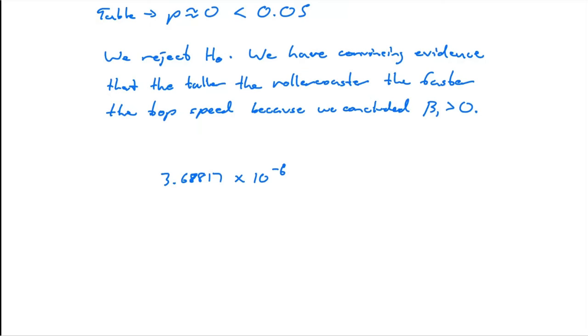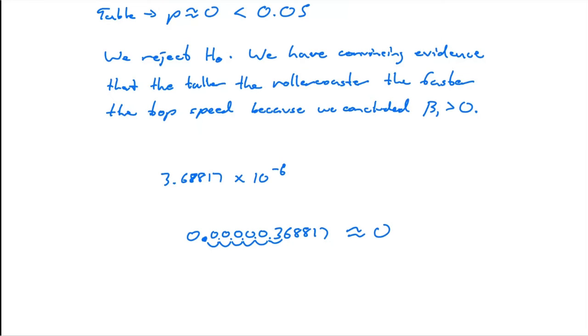So we're going to take 3.68817 and take that decimal place and go 1, 2, 3, 4, 5, 6. And for every one of those, we have a 0. So this is basically 0.000003. In other words, it's approximately 0, right?